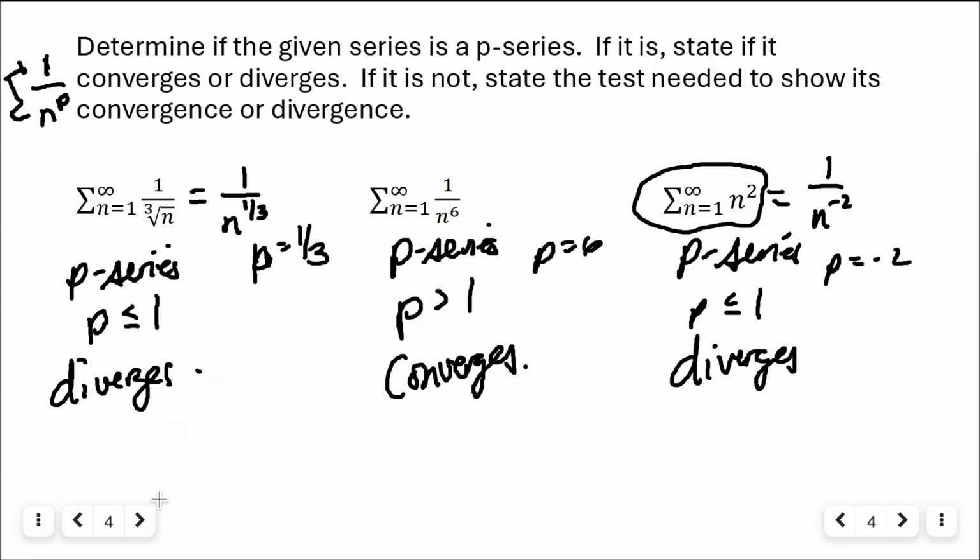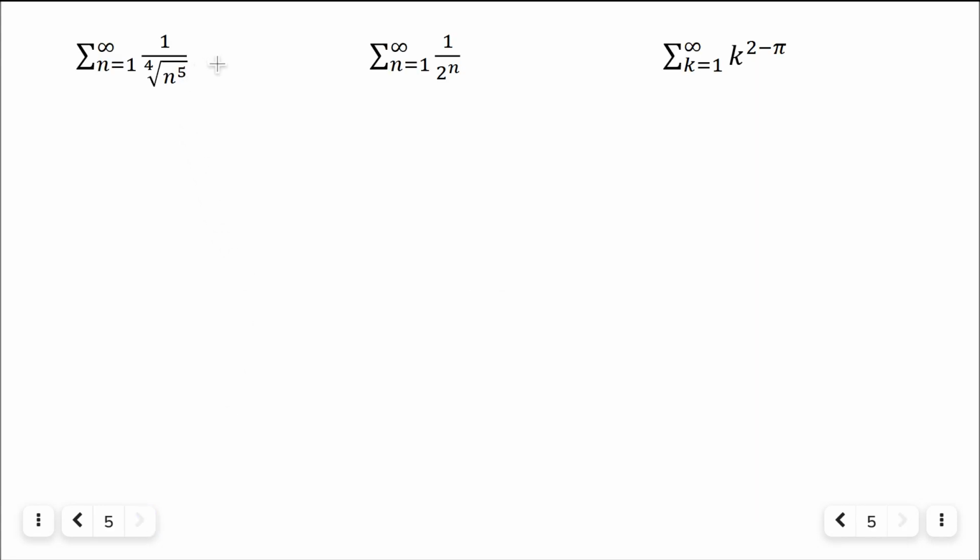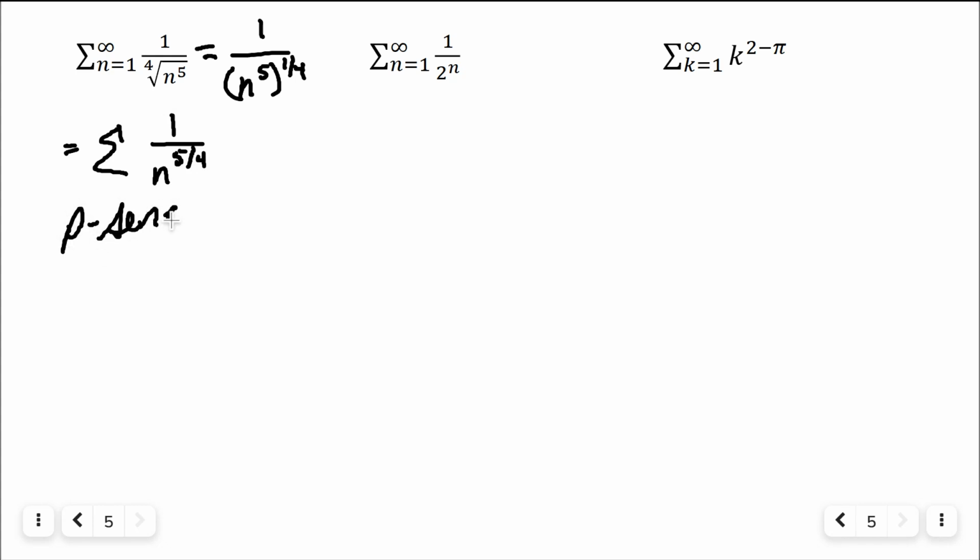So now we can start getting into, again, multiple tests on the same series. Okay, let's try. Well, this is really 1 over n to the 5th to the 1/4. So that's really the sum of 1 over n to the 5/4. So that's a p-series. In this case, p is 5/4, 1 1/4. That's greater than 1, so this converges.